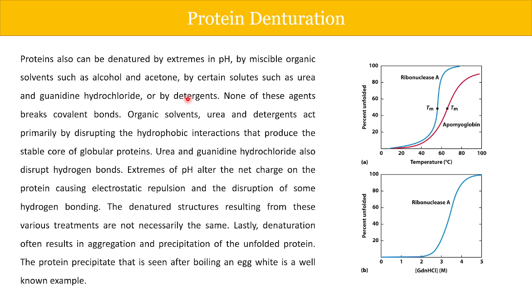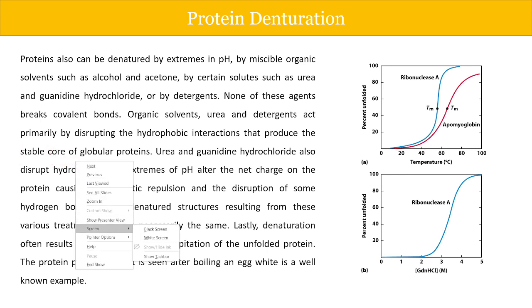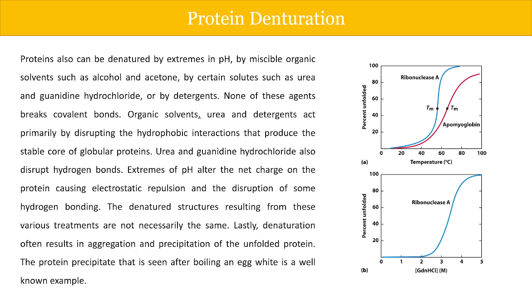Okay, so urea. What are the things that we observe? Organic agents like urea and detergents act primarily by disrupting the hydrophobic interactions that produce the stable core of globular proteins. There might not be questions, but you can be asked what breaks what bonds. So urea and detergents break your hydrophobic interactions.